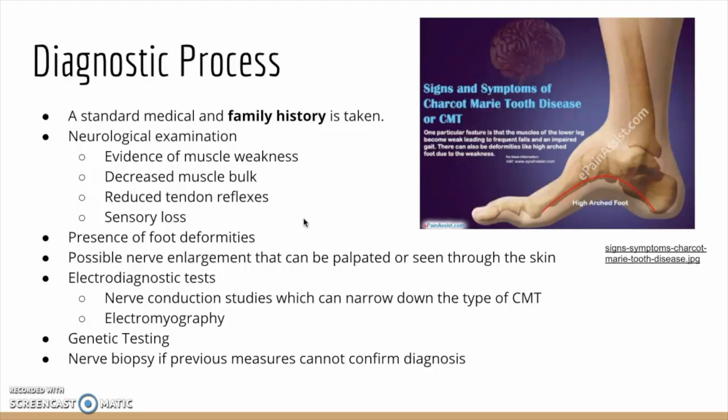There's a severely high arch due to the muscle atrophy. The physician will also look for possible nerve enlargement and do electrodiagnostic tests. These would include a nerve conduction study and electromyography. And genetic testing may also be done, as well as a nerve biopsy if the previous measures cannot confirm the diagnosis.